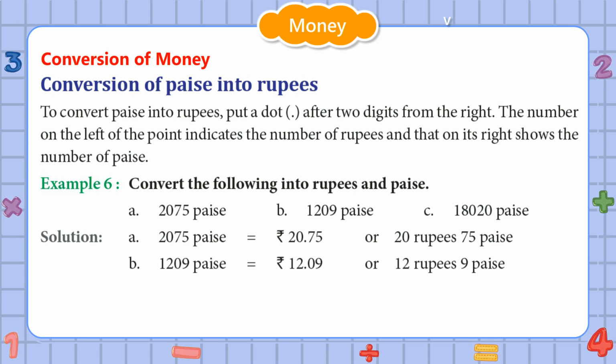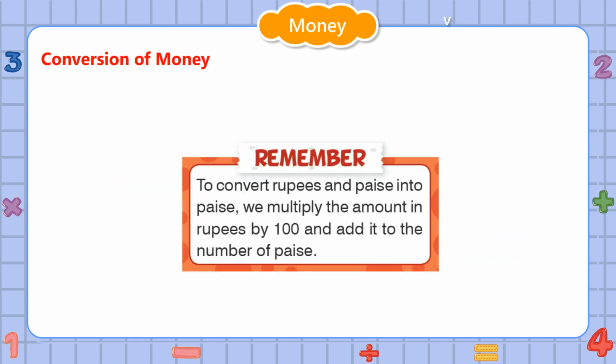B. 1209 paise is equal to ₹12.09 or 12 rupees 9 paise. C. 18,020 paise is equal to ₹180.20 or 180 rupees 20 paise.